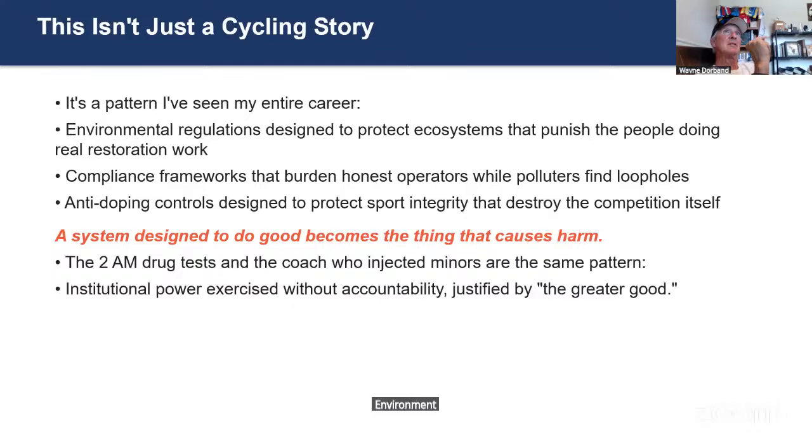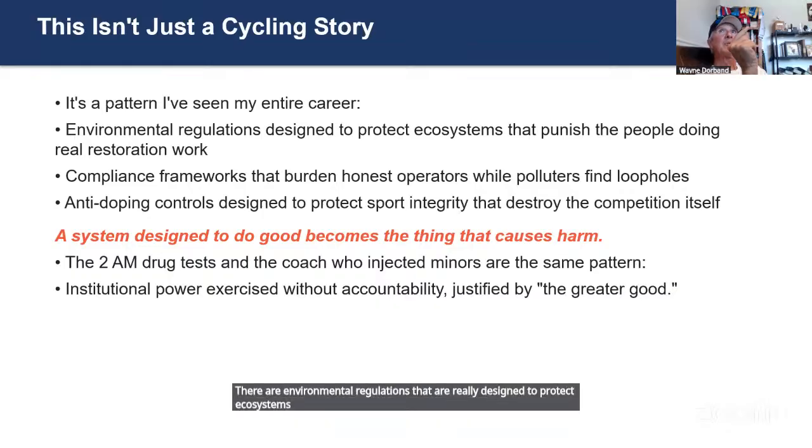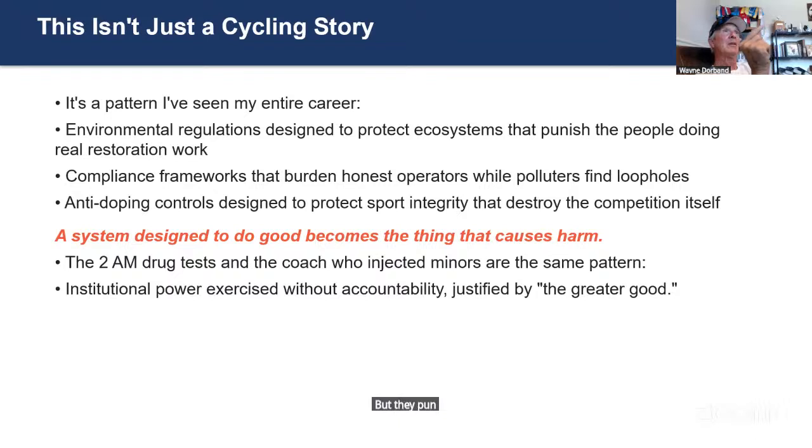Environmental regulations designed to protect ecosystems that punish the people that are doing real restoration work. Let me repeat that one. I don't very often repeat stuff, but I'm going to repeat that. There are environmental regulations that are really designed to protect ecosystems, supposedly, but they punish the people that are really doing the restoration work.